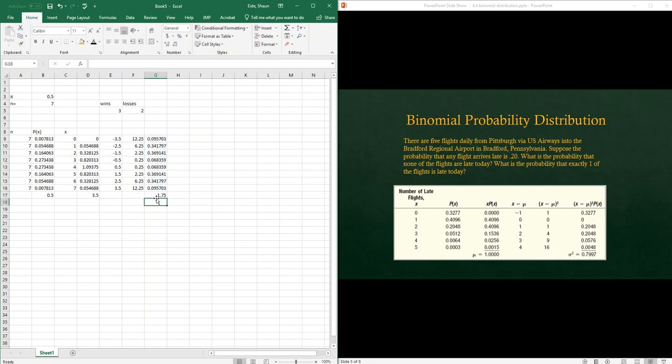And so the variance is equal to 1.75, and then equals square root. The standard deviation of this distribution is 1.322876, and then variance.